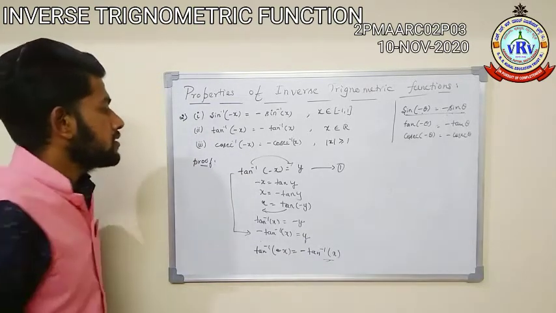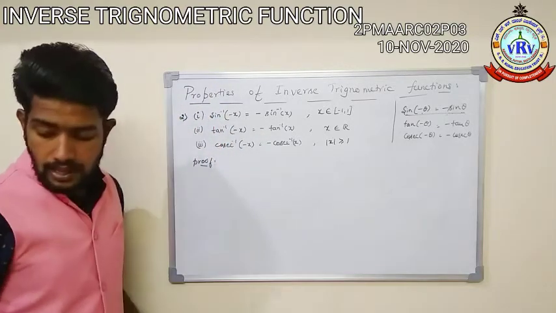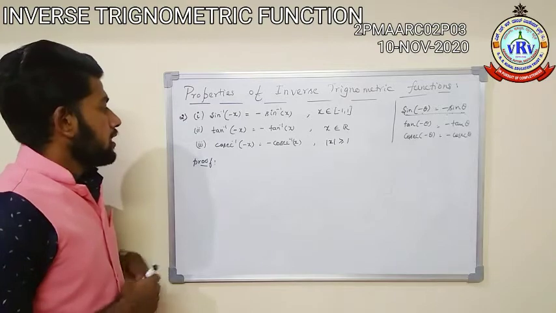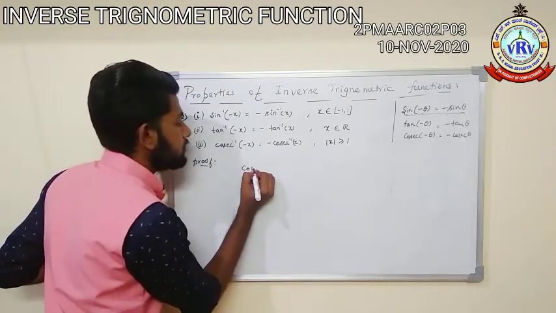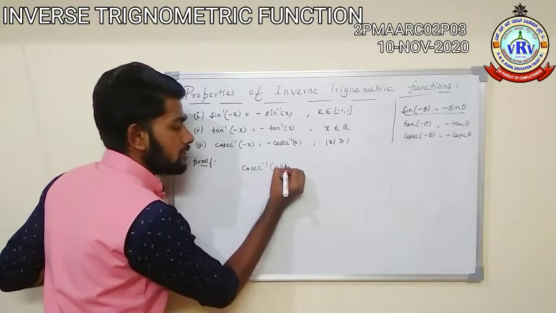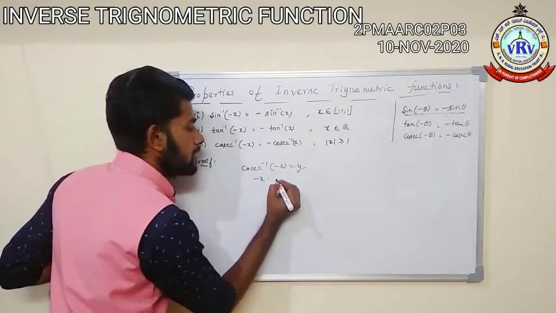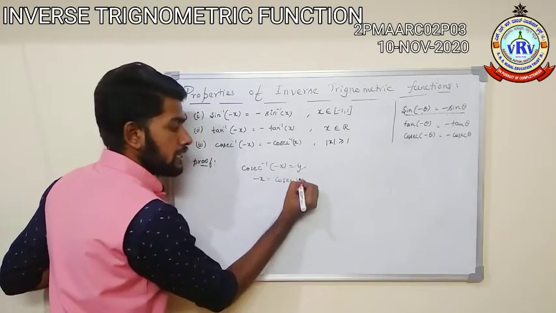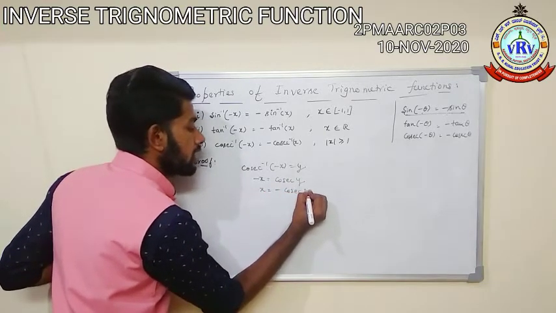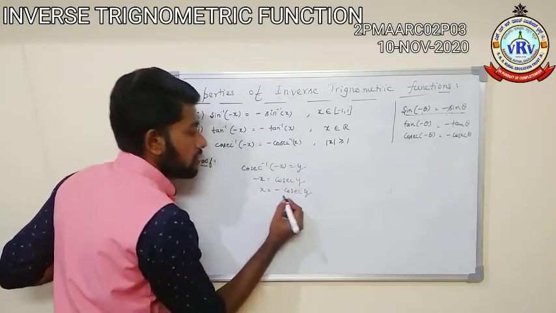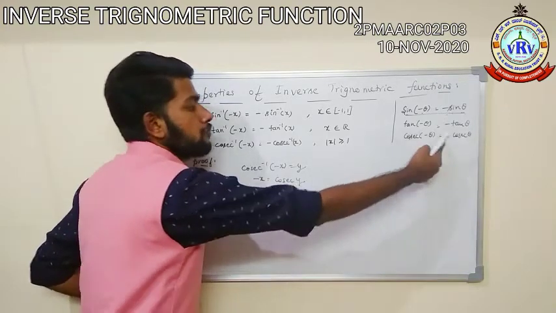Simple, isn't it? Next, similarly, we can prove it for the cosecant inverse of minus x, and the answer is minus of cosecant inverse of x. So first, if we take minus cosecant inverse of x as y, and applying the cosecant function on both sides, it will be minus x is equal to cosecant y. Shifting the negative sign to the other side, it will be x is equal to minus cosecant y, and we know minus cosecant theta is equal to cosecant of minus theta.